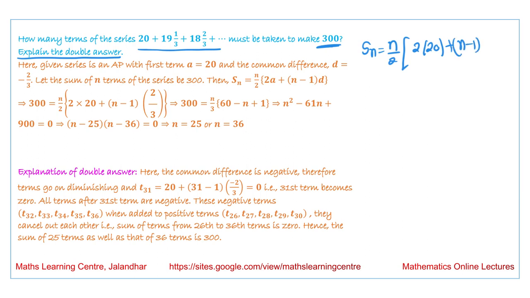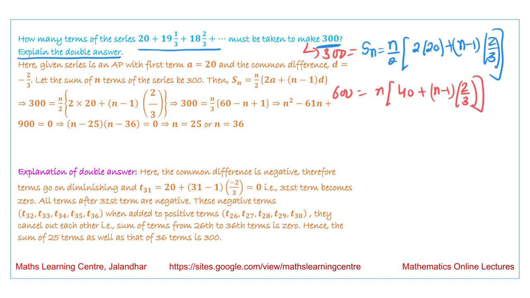The value of d in this case is 2 by 3, and the sum should be equal to 300. On solving, we get 600 is equal to n into (40 plus (n − 1) into 2 by 3).